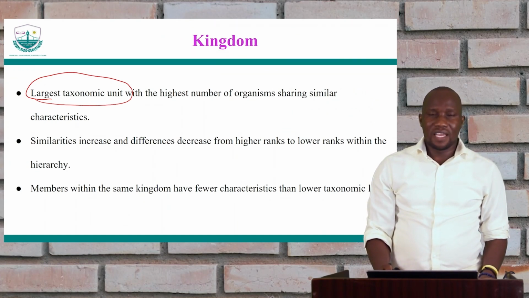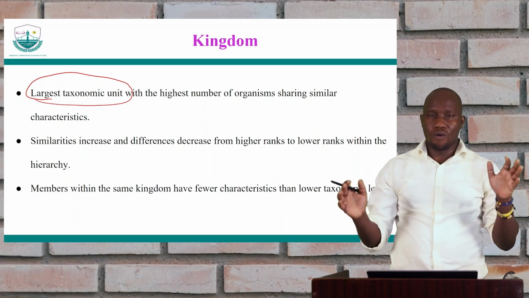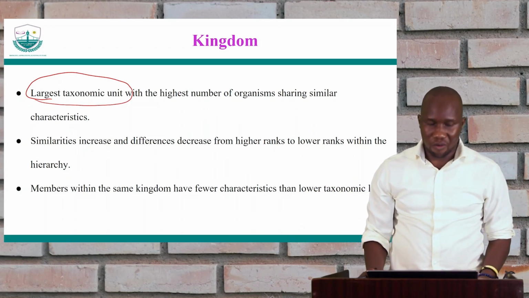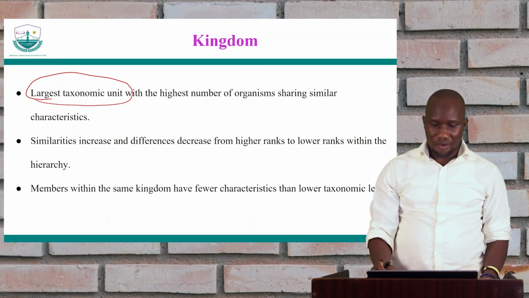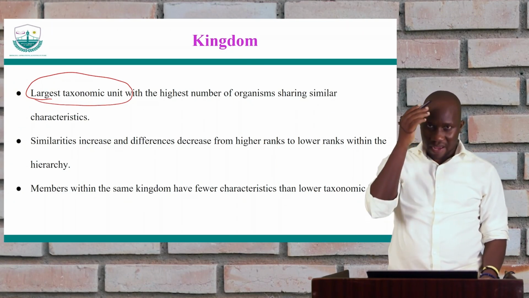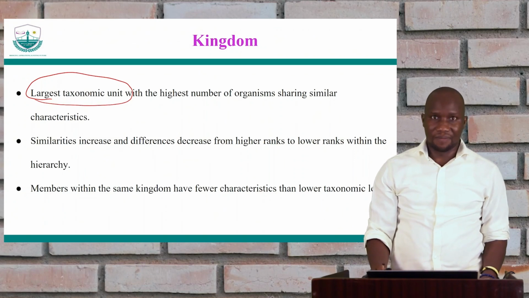So we are saying here that the kingdom is the largest taxonomic unit. We have more organisms in that level. But as you move down from the higher levels, you have increasing similarities between the organisms, but the differences also decrease.